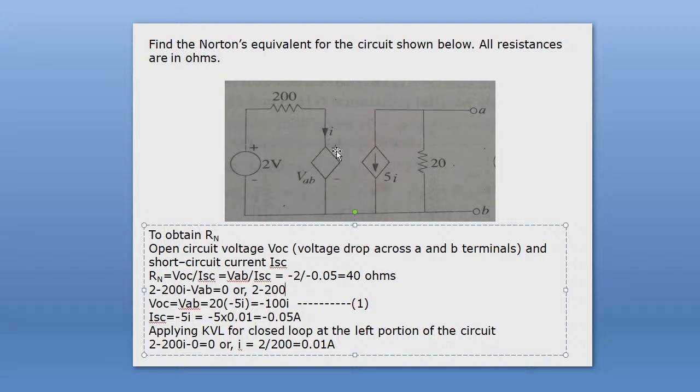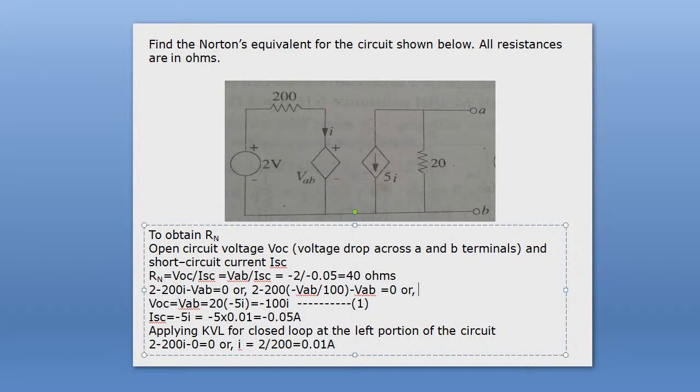Substituting, 2 minus 200 times minus VAB by 100, minus VAB equal to 0.